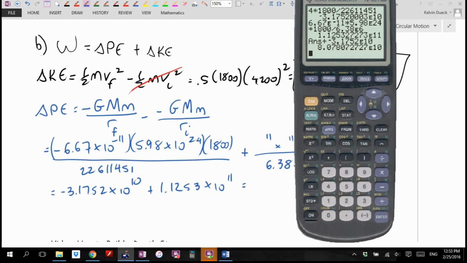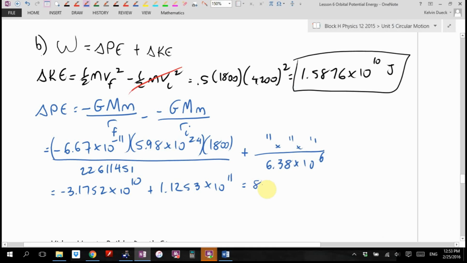There's the change in potential. I haven't looked. I got a positive answer, didn't I, I hope. And it's in the 10 to the 10th or 10 to the 11th range. I'm pretty sure I'm right. 8.0781 times 10 to the 10th joules. Now that's the change in potential.